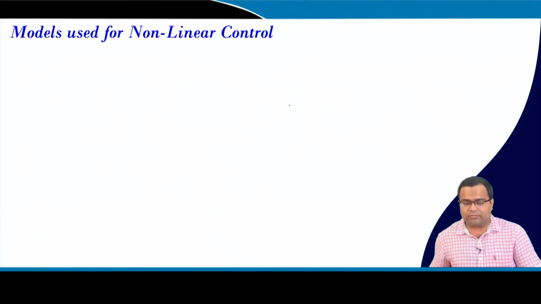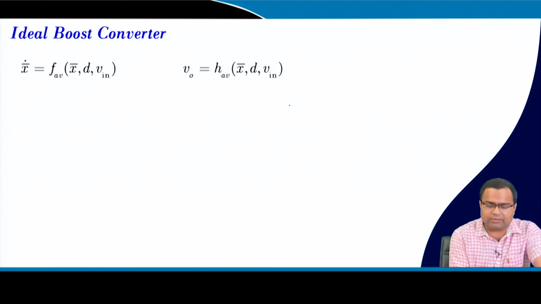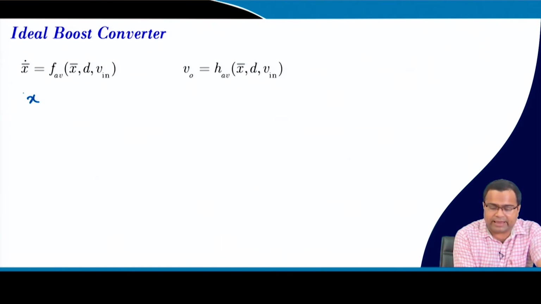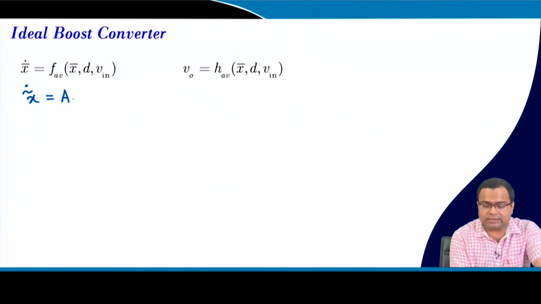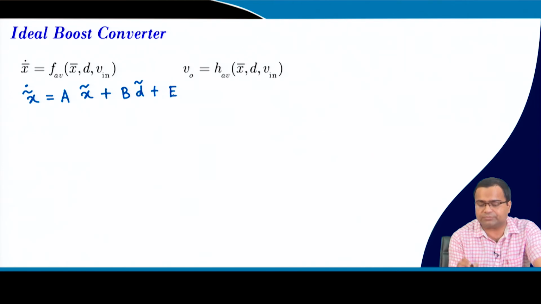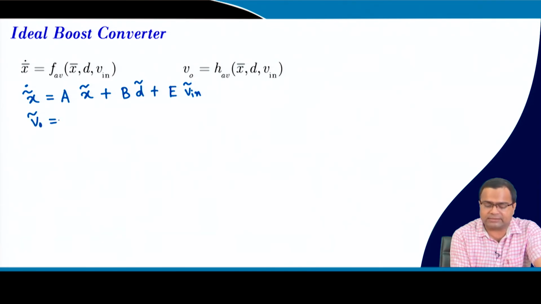Now, what I am trying to get is x tilde dot of a boost converter, which is A into x tilde plus B into d tilde, and if you also want to include the input voltage perturbation, then V0 tilde is simply your x2 tilde.